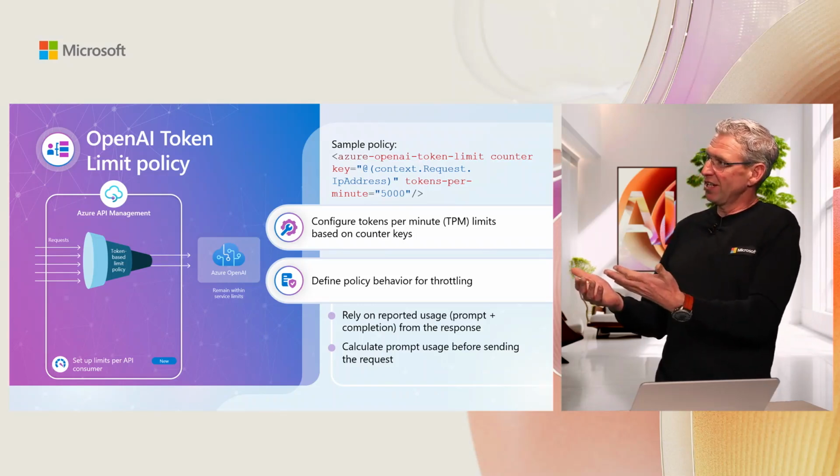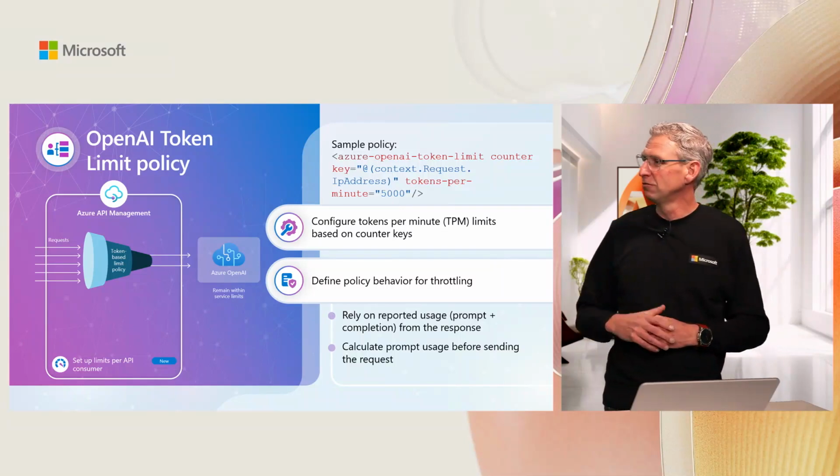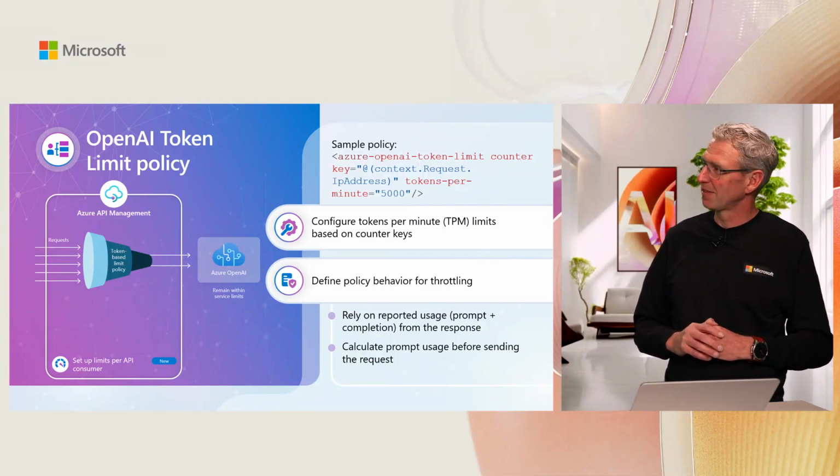And with that, you have insight to also do chargeback to those teams, to charge them based on their usage. So with the gateway, I can use this as a cost optimization lever, right? Yeah. You might also consider PTUs, pre-purchased throughput units.